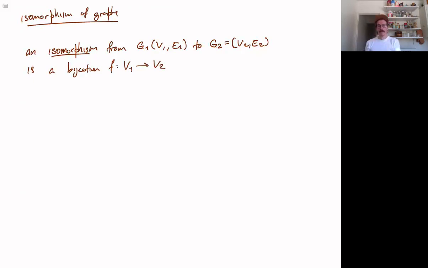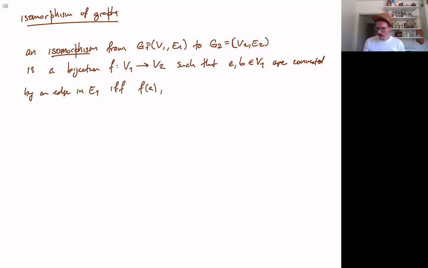So it's a map from the vertices of G1 to the vertices of G2, which is a bijection, such that a pair of vertices in the first graph are connected by an edge, just for clarity, an edge in E1, if and only if their partners in V2 are connected by an edge there.